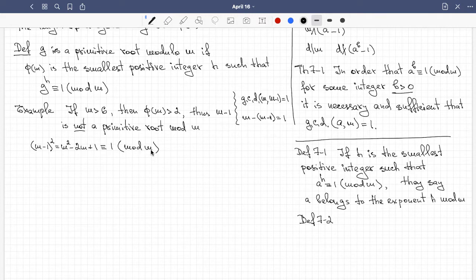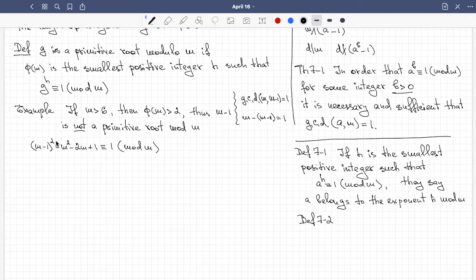So the smallest positive integer for m minus 1 raised to power h to be 1 is 2. So for m bigger than 3, m minus 1 belongs to the exponent 2 modulo m. That is how the book describes that.